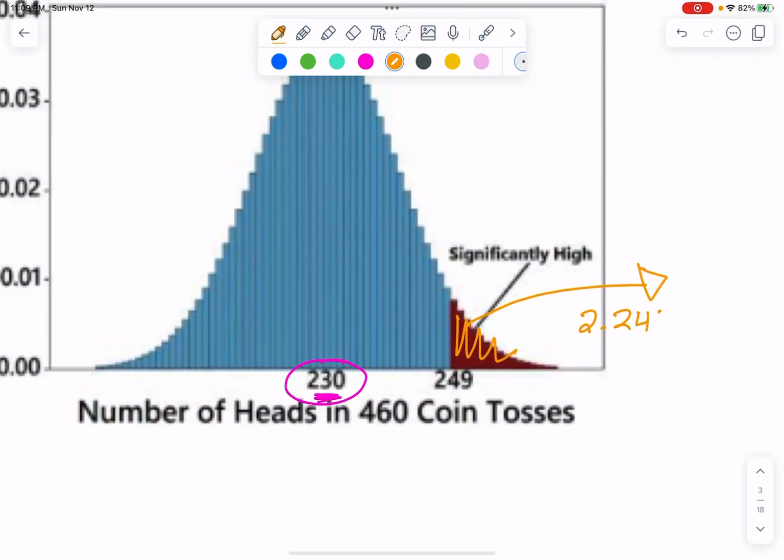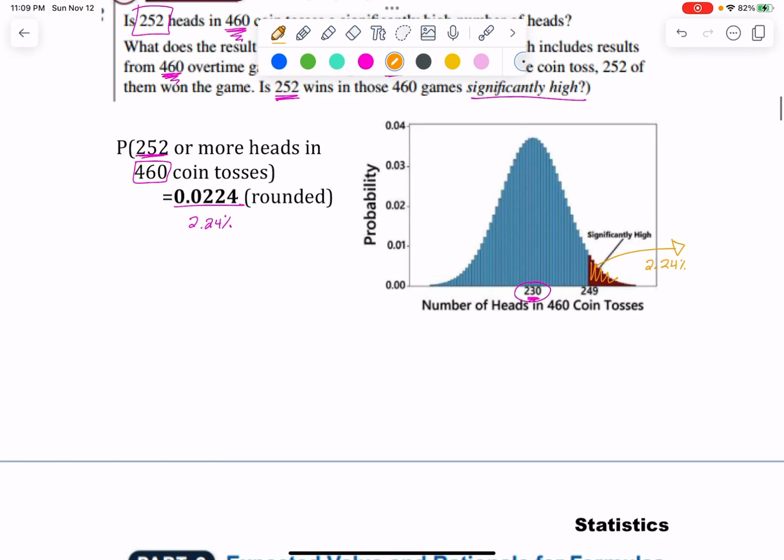They gave me those numbers because that's less than 5% of the time. It is considered to be a significantly high number of coin tosses resulting in heads. Okay, so hopefully that made sense. Yes, 252 out of 460 is significantly high.